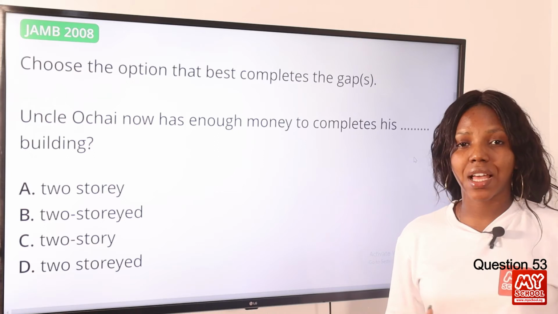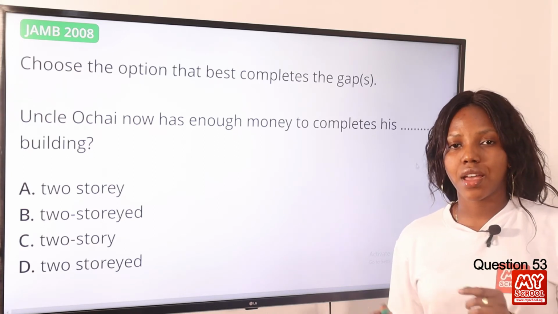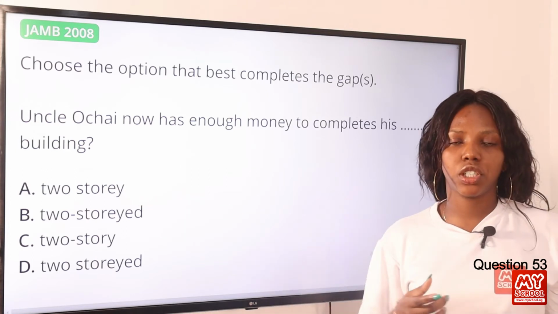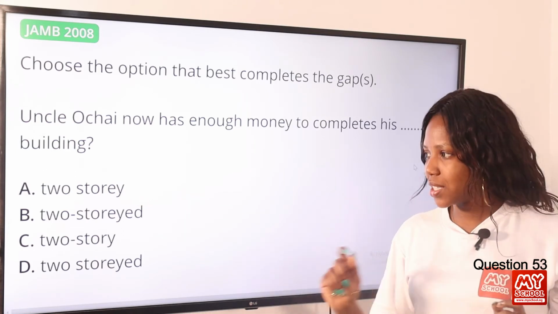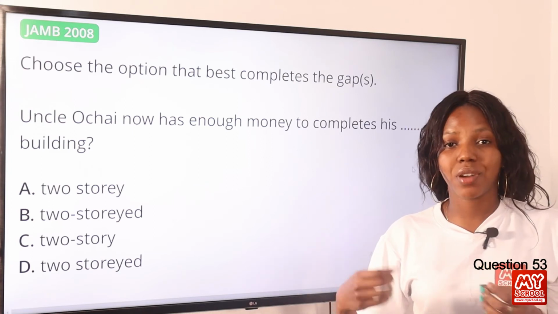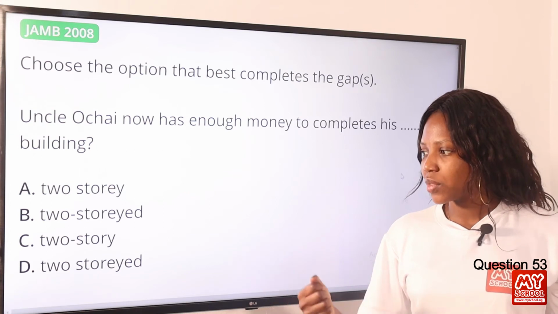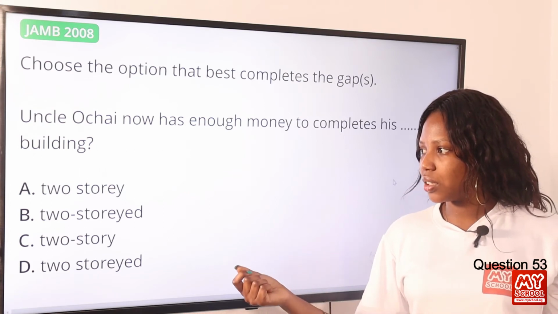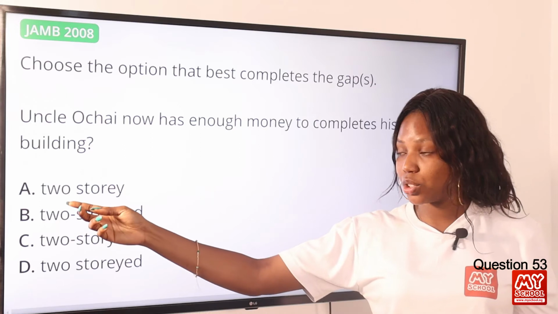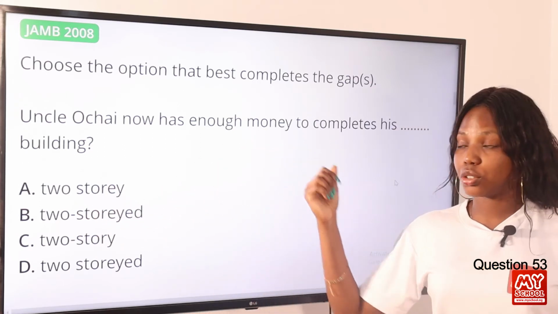Now it is written as TWOSTOREY or TWO-STOREY. So these two alternatives can be used to write down two-story. From this option, we see that the alternative given to us is the first one I mentioned, and it is in option A, two-story. So option A is the correct answer to this question.